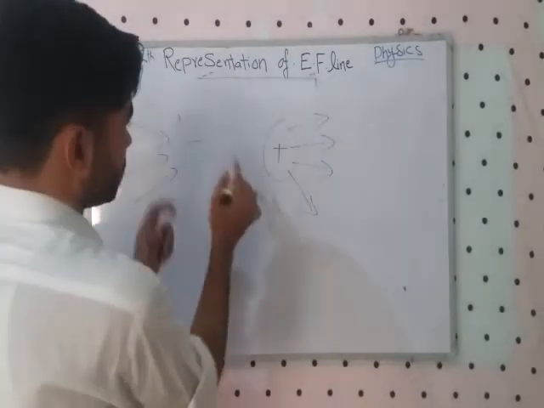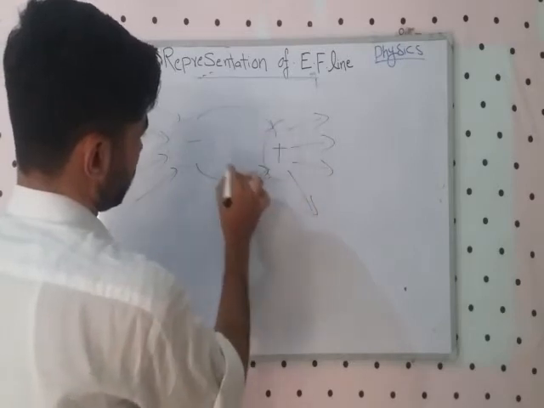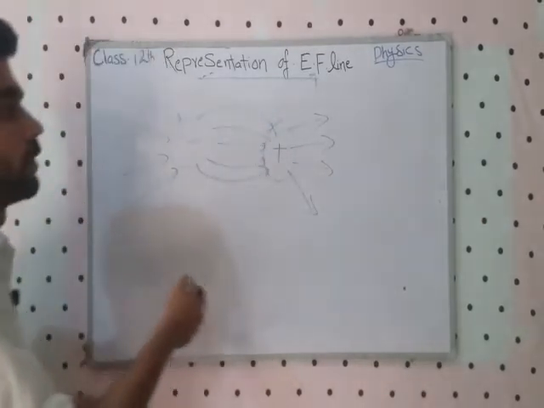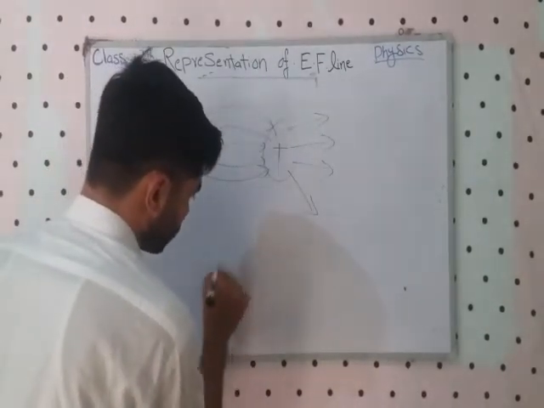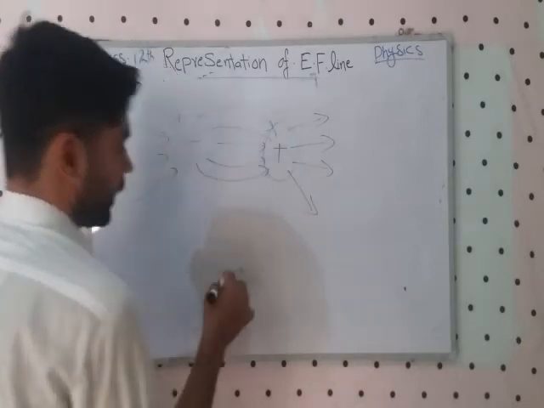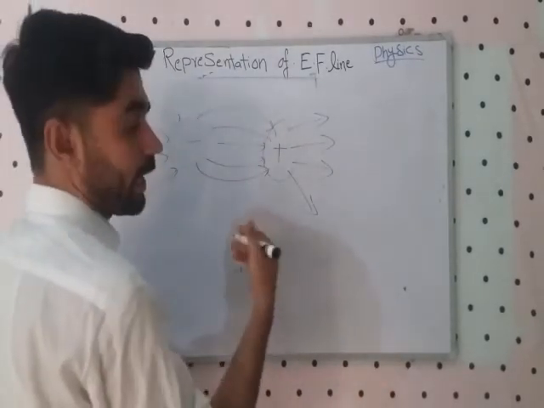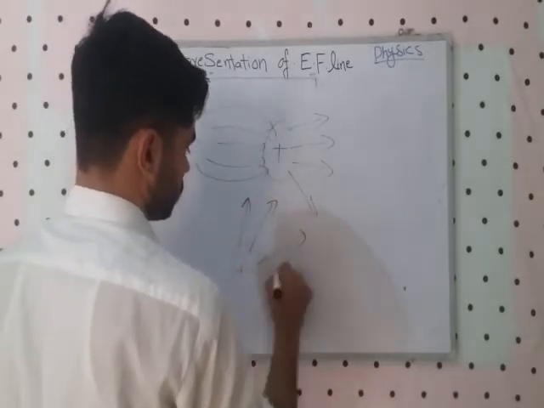Both are opposite charges, so what will happen? Both will attract each other. We take another charge, let's say positive charge, and here the electric field line direction will be away from the charge.